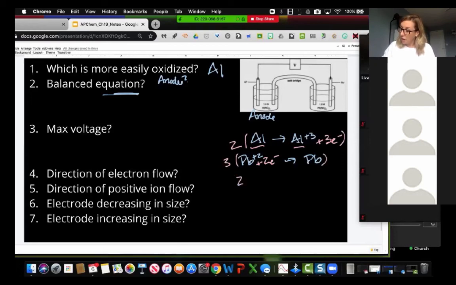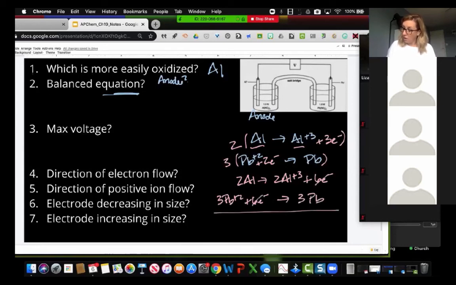So I would have 2Al goes to 2Al+3 plus 6 electrons, and then 3Pb+2 plus 6 electrons goes to 3Pb. Electrons cancel, so my overall equation, which I'm going to write up here, would be 2Al plus 3Pb+2 goes to 2Al+3 plus 3Pb.